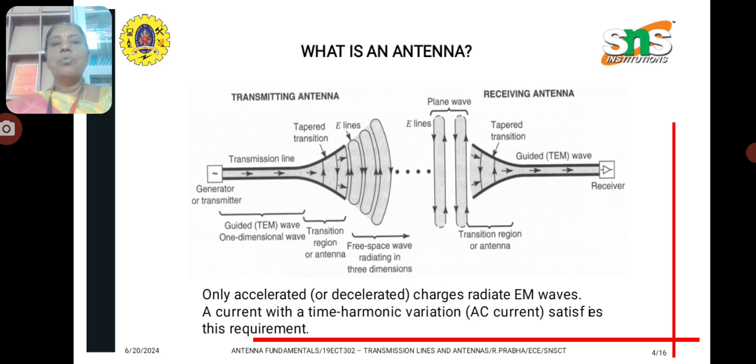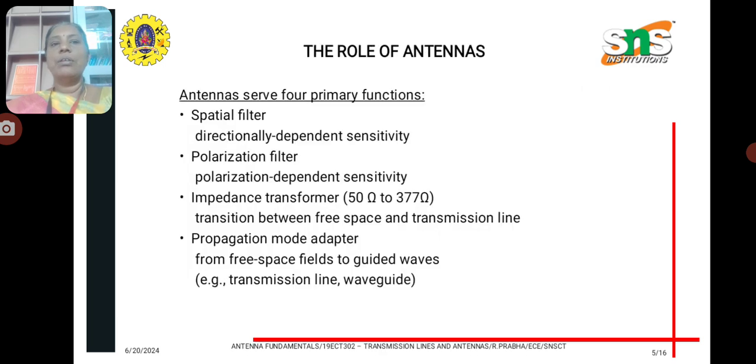Only accelerated or decelerated charges radiate electromagnetic waves. A current with a time harmonic variation, that is the AC current, satisfies this requirement.